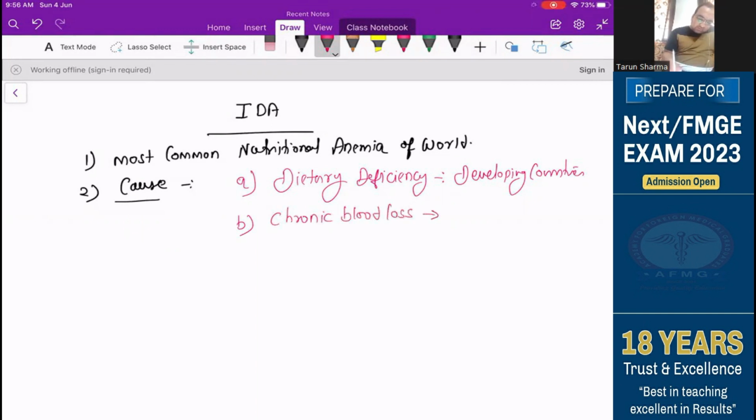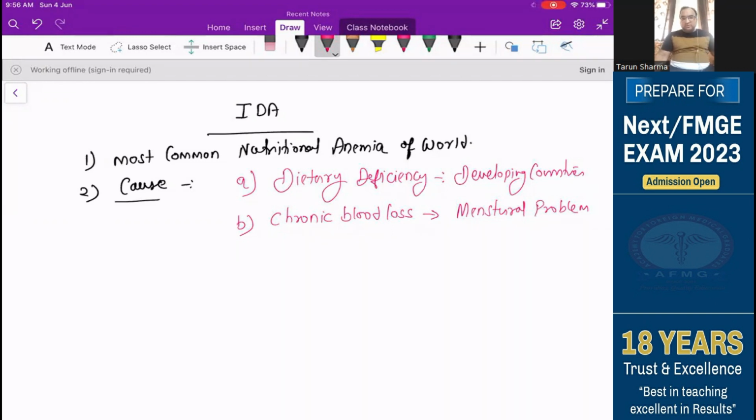So what can be the cause of chronic blood loss? Chronic blood loss can be due to menstrual irregularity or menstrual related problems, like sometimes females have menorrhagia, a long duration of the menses.